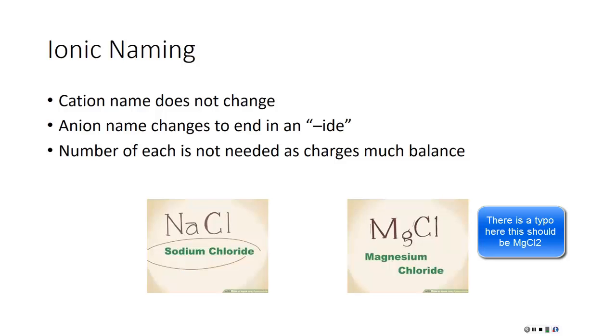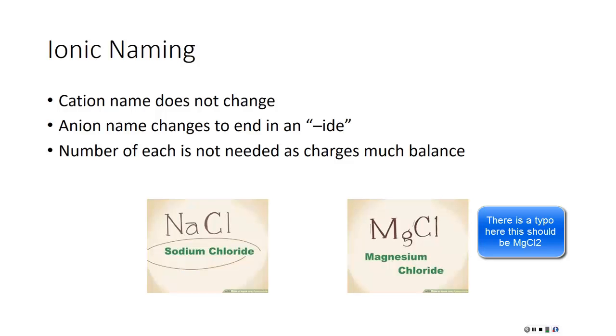And I want to find the formula for this. This is actually a bit more complicated. This is probably the hardest part of naming in general. So what you're going to do is look and identify what elements are here. So we have aluminum and we have oxygen. That's not the hard part. I think everyone can figure out it's aluminum and oxygen.